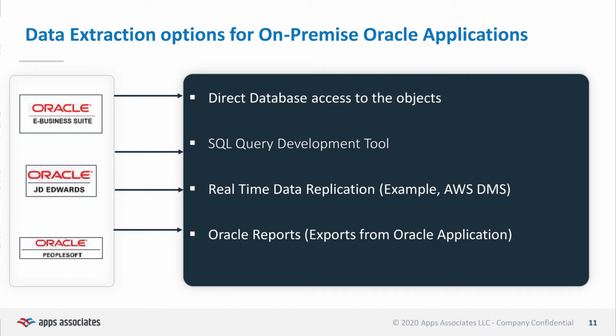The other option is data replication tools like AWS Database Migration Service, or DMS, to replicate data to Redshift or any other systems. We have options to replicate a specific object, a schema, or all schemas in the database using DMS.